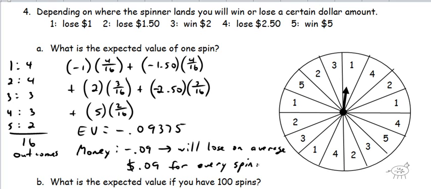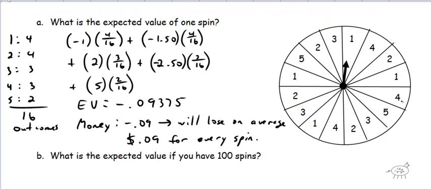Okay, so did you play it? No way, man. Every time I play, I'll lose 9 cents on average. Now you might get lucky on your first spin, you might get a 5, and then you quit because, oh, I got $5. Okay, but just like any slot machine, any gambling in Vegas, if you keep playing, you're going to lose. Everything is set up so the house has a little bit of an advantage. That's just what it is.